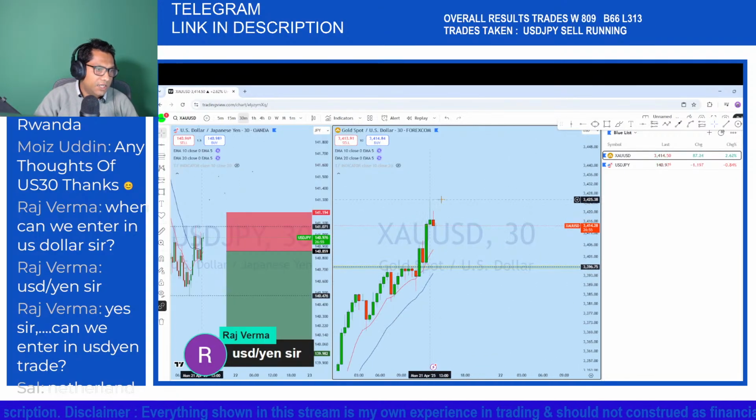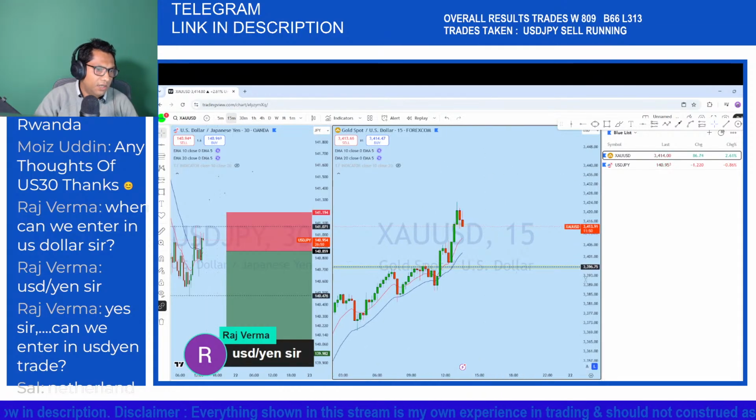Here we can see that after this long wick, the market may come back here to this support level in that area.